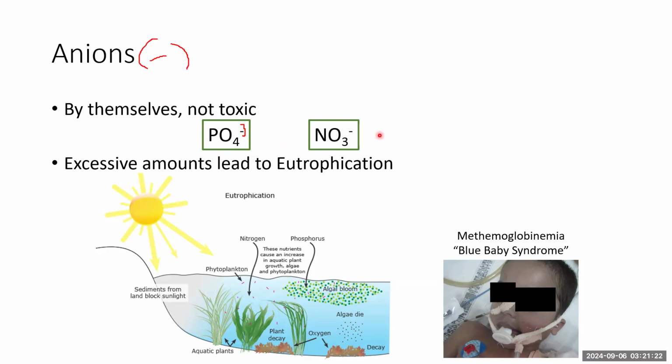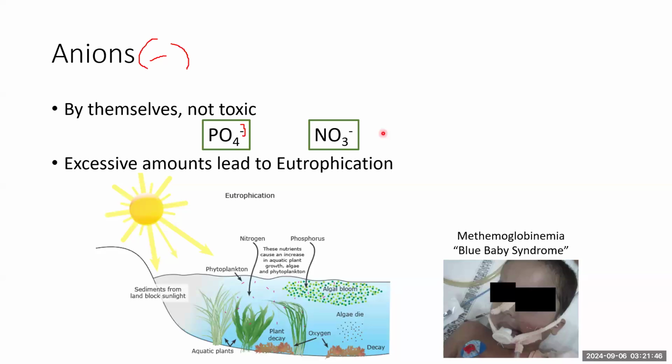And the reason we are concerned with anions from a toxicological standpoint is because excessive amounts of anions lead to a condition known as eutrophication. So eutrophication is basically too many nutrients. So not only are these negative compounds, but they are essential nutrient compounds.